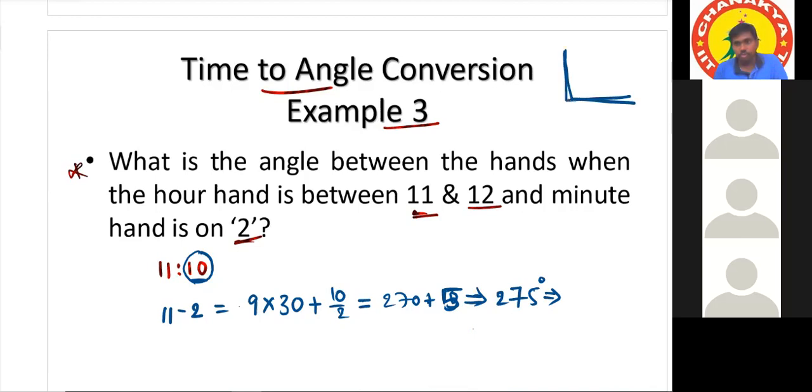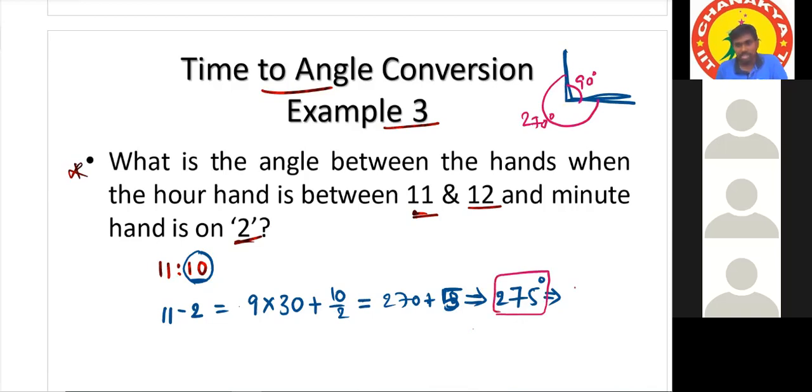What is the angle between these two lines? 90 degrees. Somebody can say 90 degrees and somebody can say 270 degrees also. Both are correct, yes or no? Yes, sir. So if your answer is not there in the options, we have to check whether the other angle is available in the options.